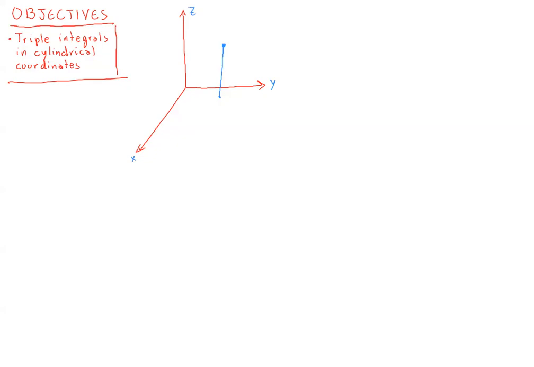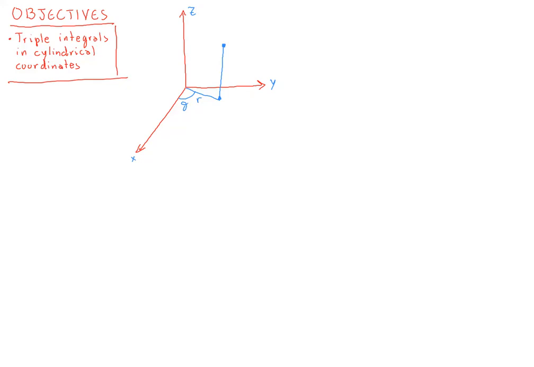Find the polar coordinates of that point. So you will have the polar coordinates: the length r of the radial segment that connects the projection of your point with the origin, and the angle theta, which is the angle of the radial segment with the positive x-axis. These are the first two cylindrical coordinates.